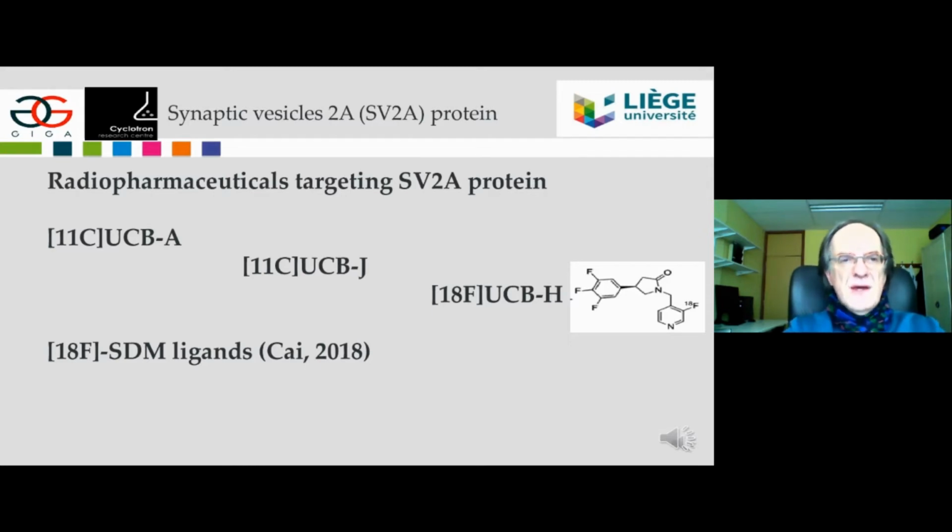To be fair, there are other new kinds of ligands, not directly linked to the UCB family, but there are all kinds of difficulties for using them right now in humans. So what I will do is concentrate on the story about 18-fluorine UCB-H.